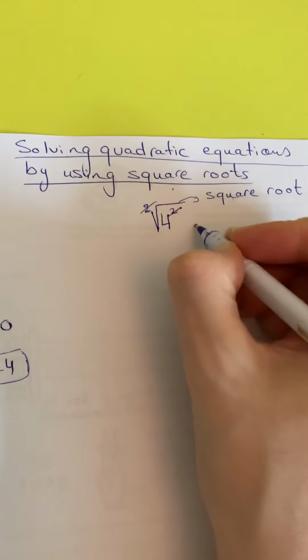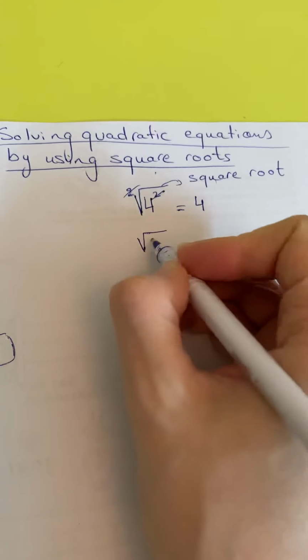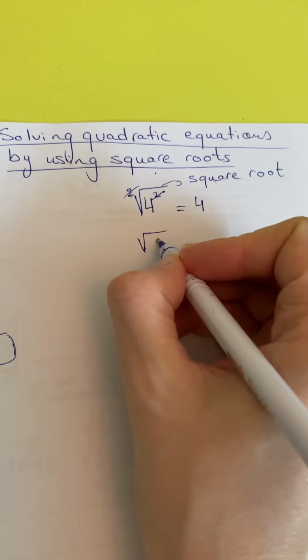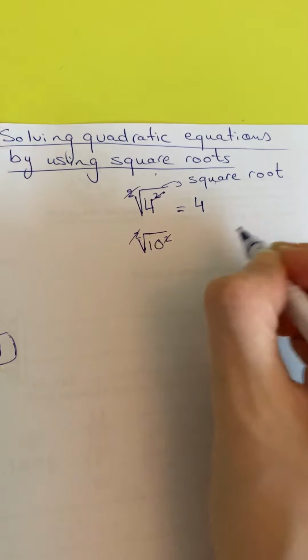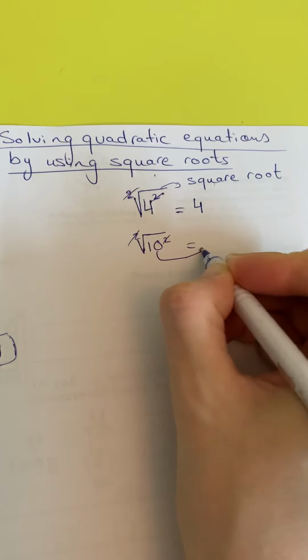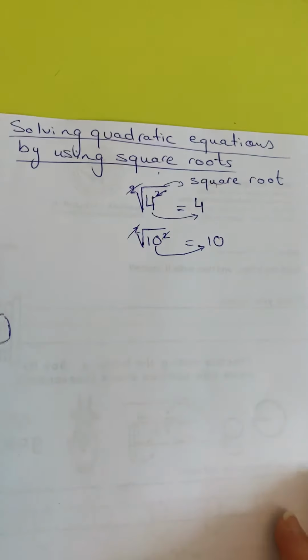The 2 and 2 will cancel each other, and it will be 4. If you have, for example, the square root of 10 power 2, the 2 and 2 will cancel each other, and the answer will be 10. You take the number out, okay?